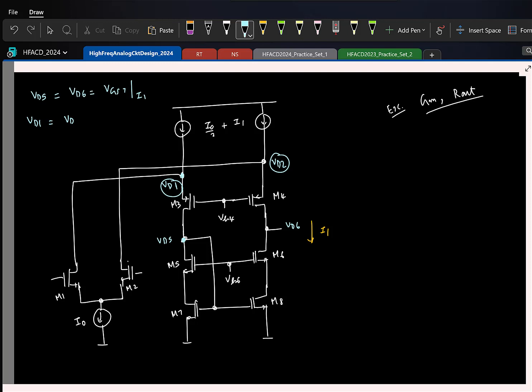What is setting them? It's VB4. Remember that this is something that you are going to apply. We are going to have a fixed source to gate drop across the transistor because current is fixed. So what is this voltage? VB4 plus VSG of M4 at a current of I5. Cool. So this is this.